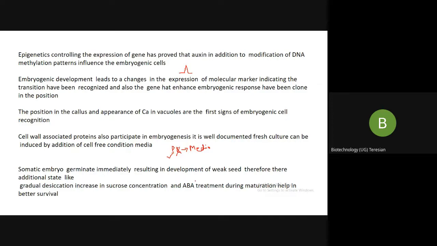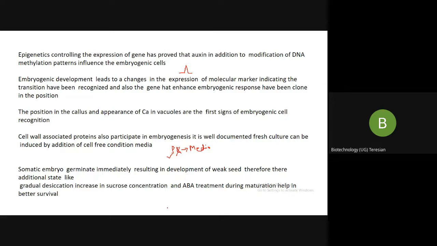And you know that the somatic embryos develop so fast, with much multiplication and differentiation and de-differentiation happening, that it ends up developing the seeds very fast, but the seeds are weak. So you should take care that, instead of producing a weak seed, from the start itself I require healthy seeds.